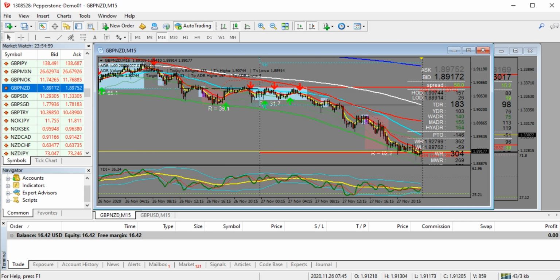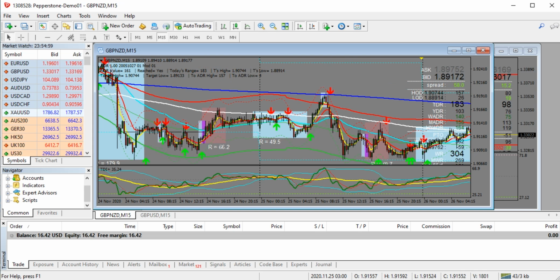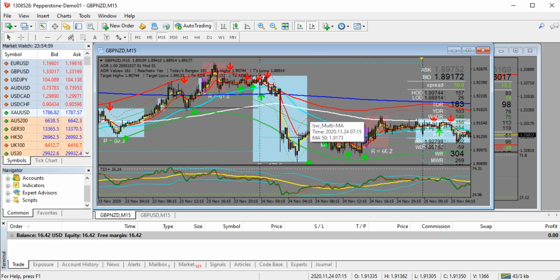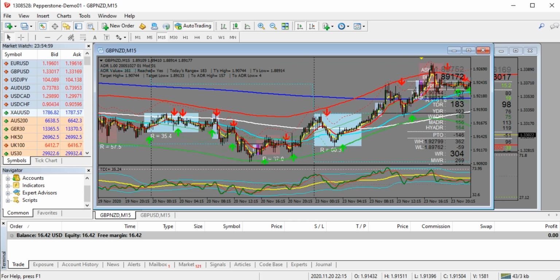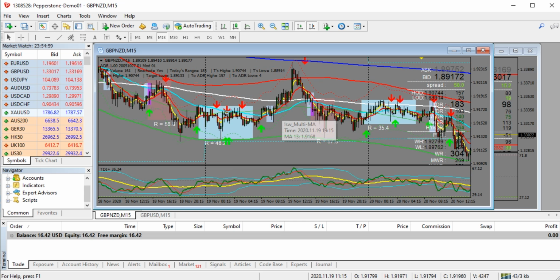Now what do we look for? Don't look at this dotted line for now. You don't need it, because if you take the support, you're relying on an indicator. What I'm going to be teaching you is not something that makes you rely on an indicator, but something different.